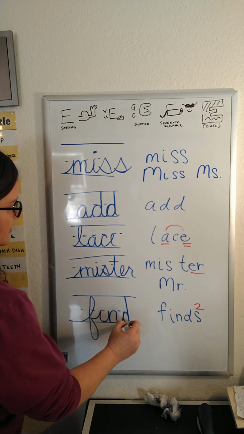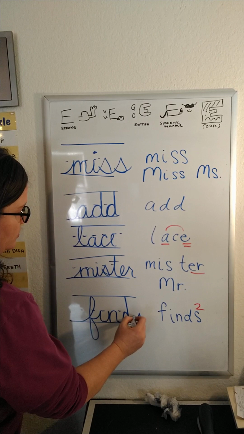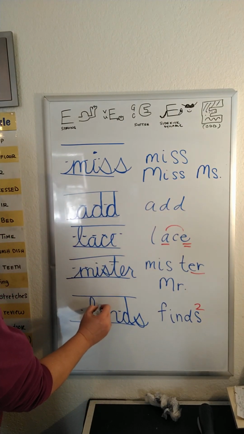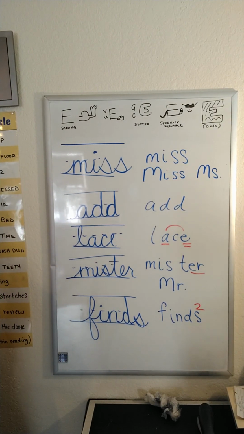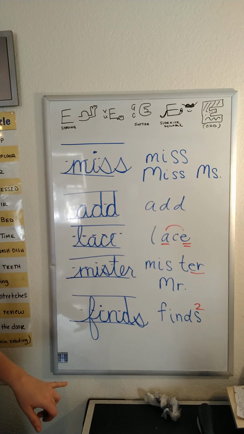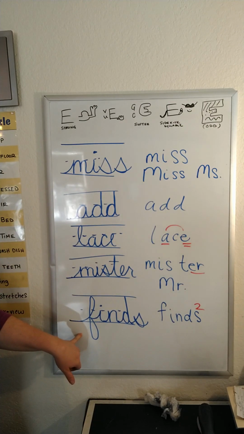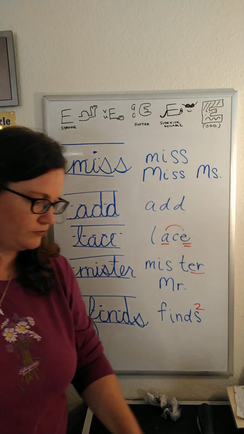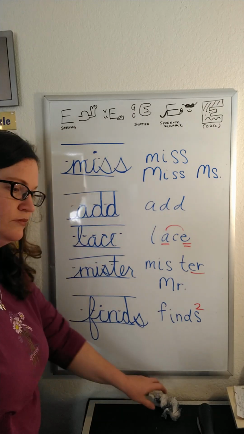And for your S, at an angle, loop around to connect, touch your I. Does anyone need time working on their cursive? Yeah. Okay, go ahead. So don't forget next to Mr. to write the abbreviation, capital MR, and then finds. We're good?